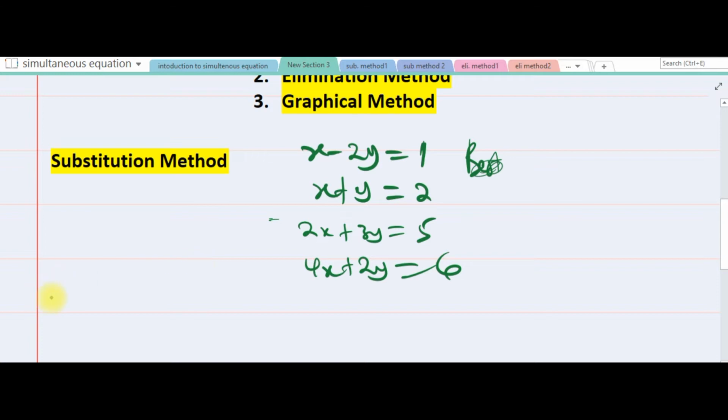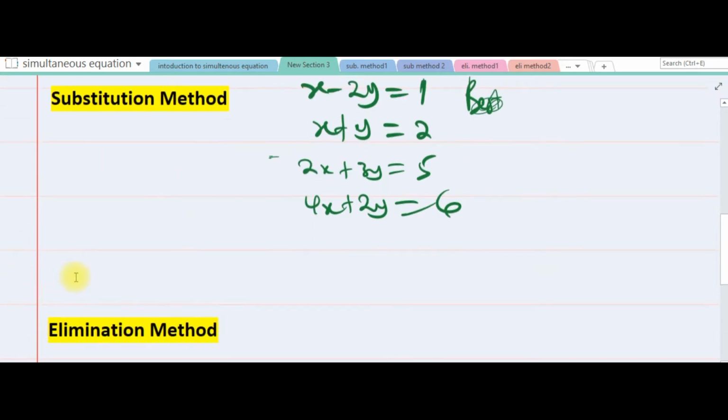So there's a procedure that we use for the substitution method. The first step is to check if the coefficient is plus or minus 1. You then make that variable the subject of the formula. Do you get what I'm saying?